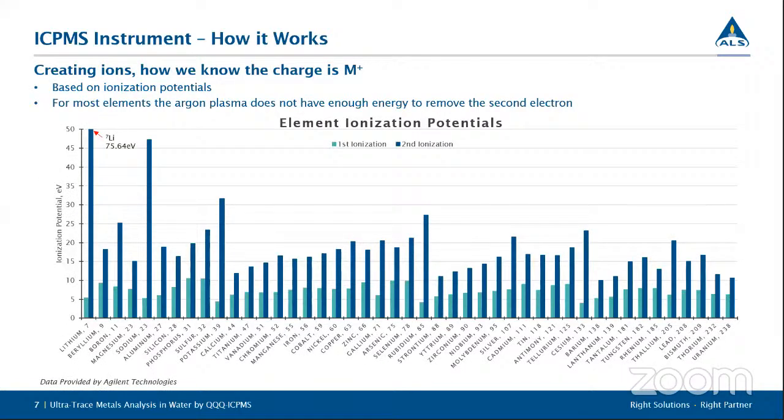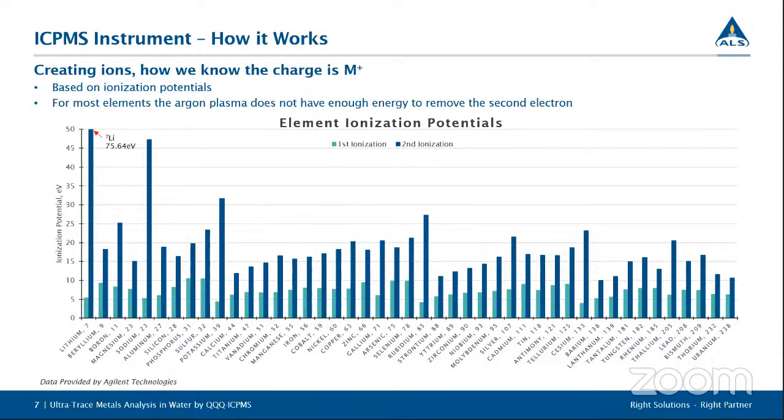The common question we often get is, how do we know the ions created in the plasma are just +1 and not +2 or some other valence? That's basically based on the ionization potentials. For most elements, the first ionization energy is below 10 electron volts, and so the plasma can strip that first electron away pretty regularly.